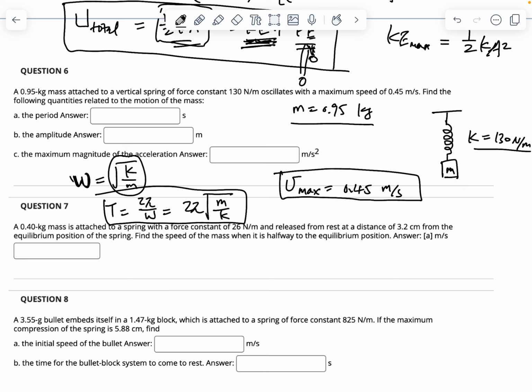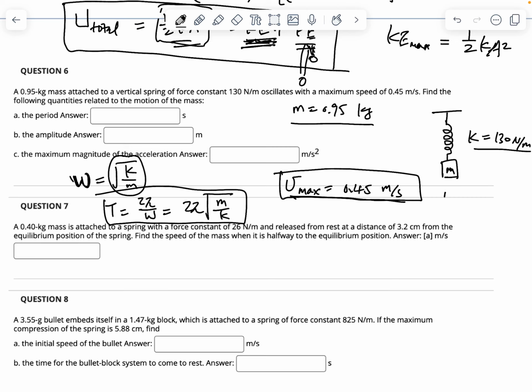B, the amplitude. Okay, so for the amplitude, you have the same question. This is the maximum velocity. Use the energy equation.